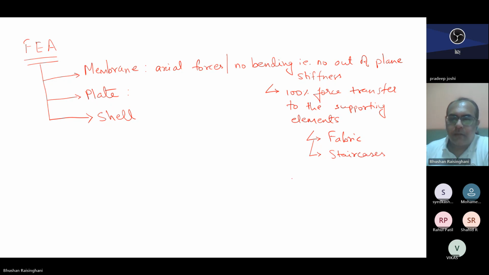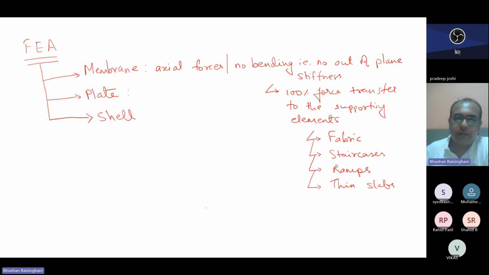Then there will be ramps, and there will be very thin slabs, which have very negligible out of plane stiffness. Then you will take it as a thin slab. So all these are examples of a membrane element.